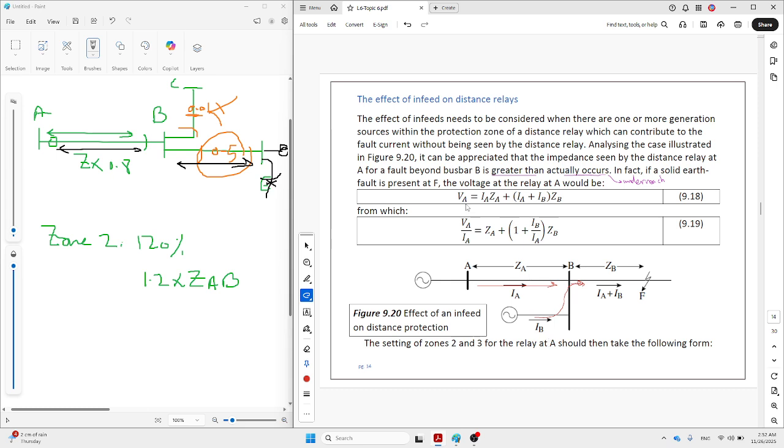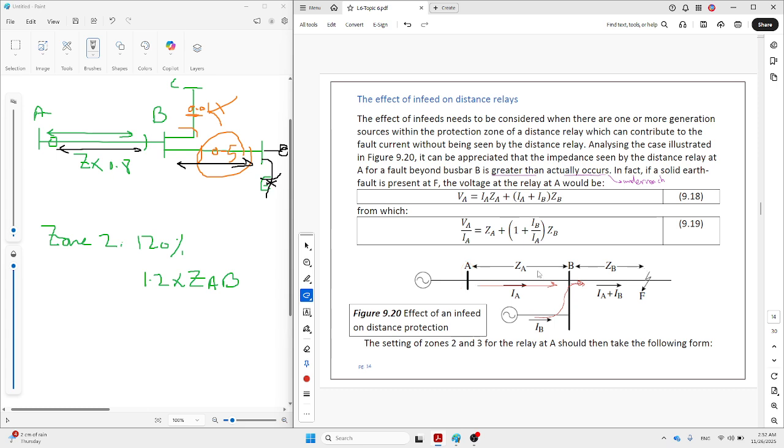Based on Ohm's law and KVL, the voltage VA at this point is IA ZA, the impedance of this transmission line times IA, plus IB times ZB. ZB is the impedance of the bus B until the fault point.